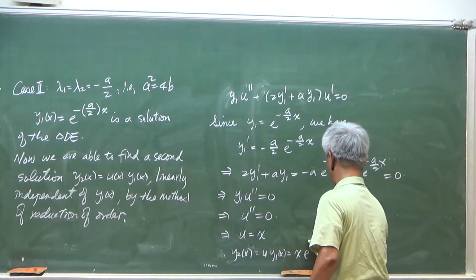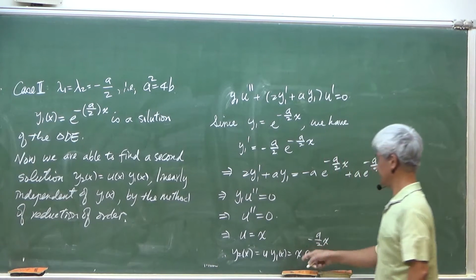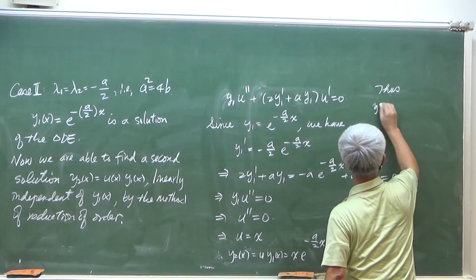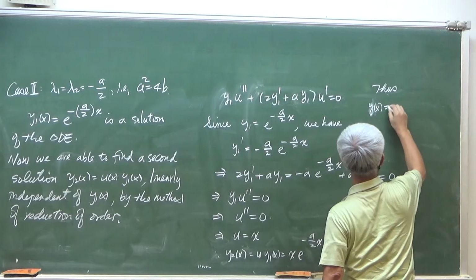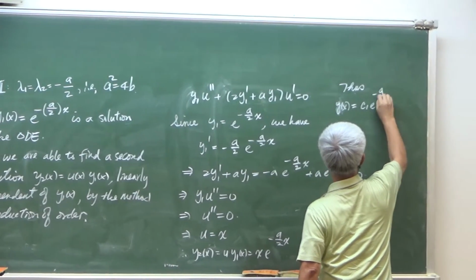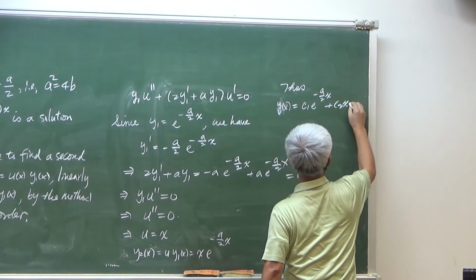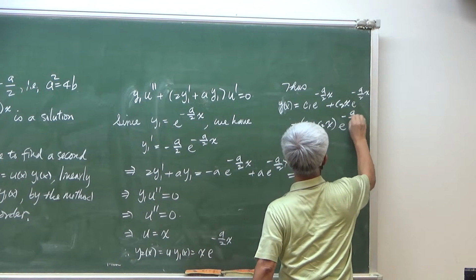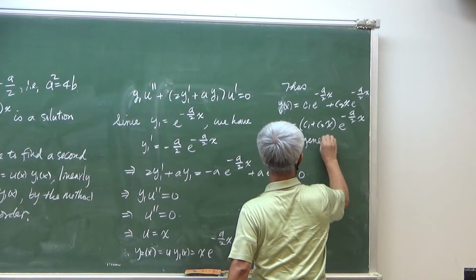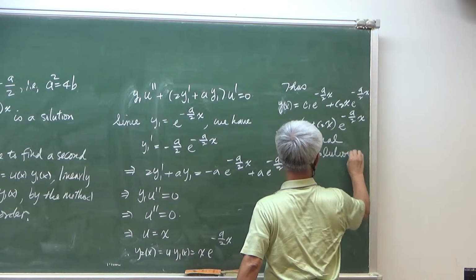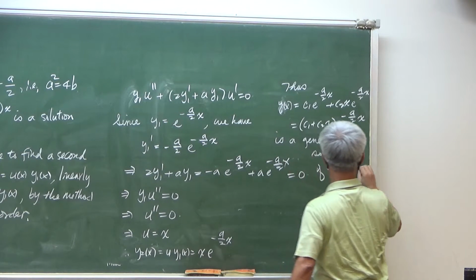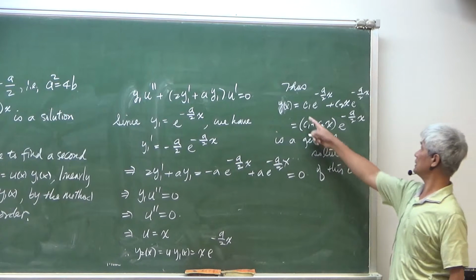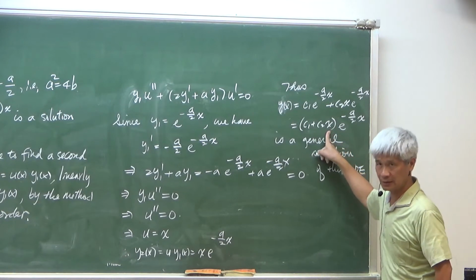Okay, so we solve the second case. The general solution is C1 plus C2 x times e to the minus a x over 2.